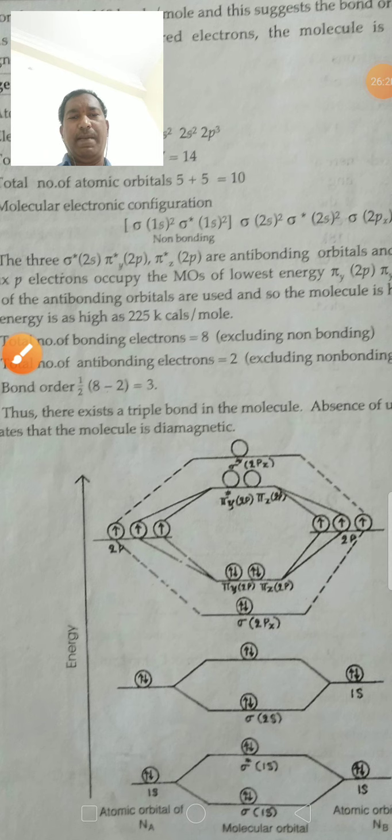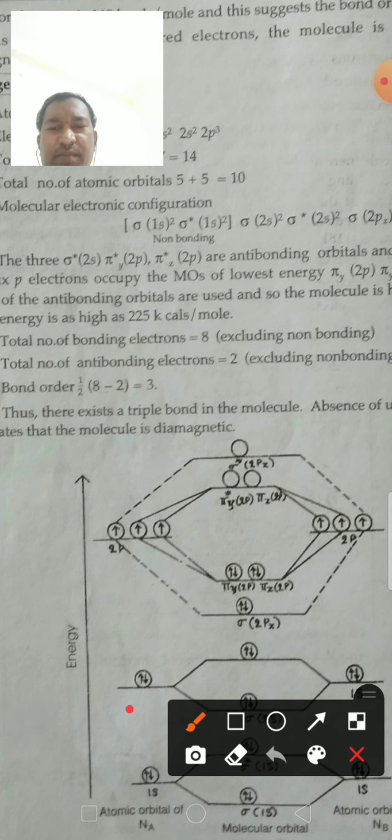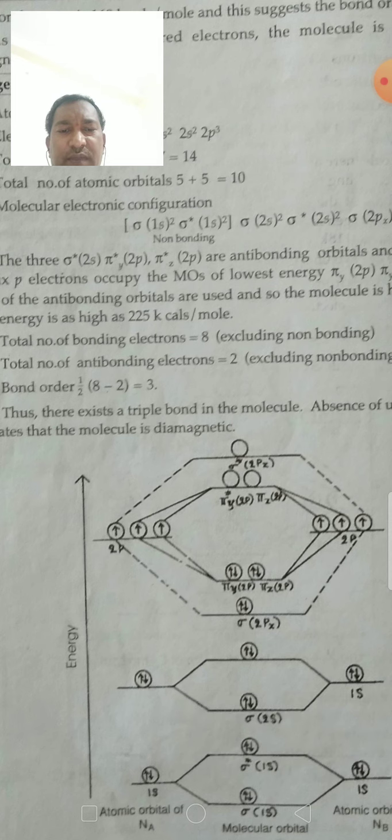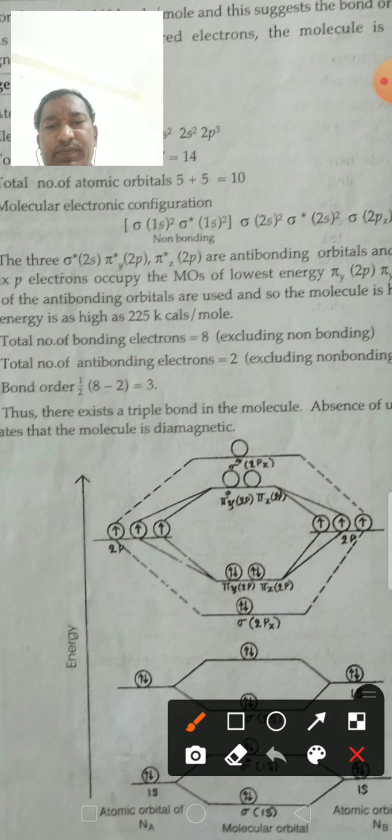See here, these two 1s orbitals combine to form 2 molecular orbitals. This is not a 1s orbital, this is a 2s orbital, this is also a 2s orbital, this is a 2p orbital. So these 6 p orbitals combine to form 6 molecular orbitals.